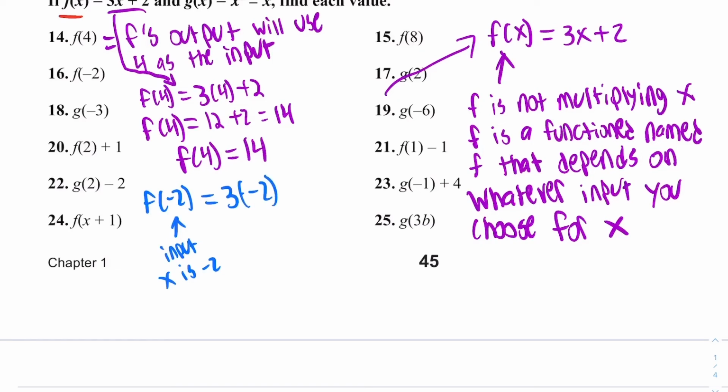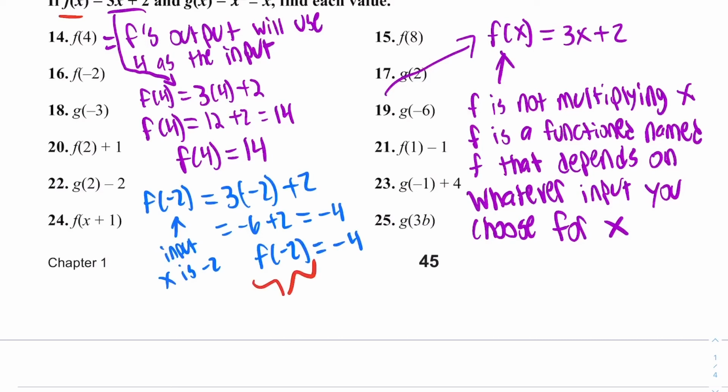Let's use the parentheses instead of the dot just because that looks better for the negatives, plus 2. 3 times negative 2 makes negative 6, and then it says plus 2. So negative 6 plus 2 is negative 4. F of negative 2 is equal to negative 4.